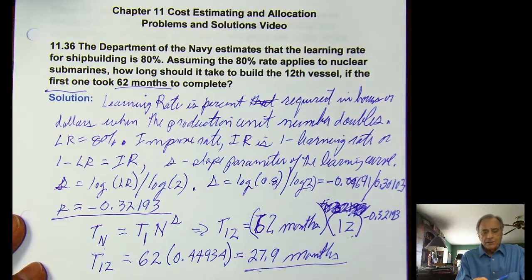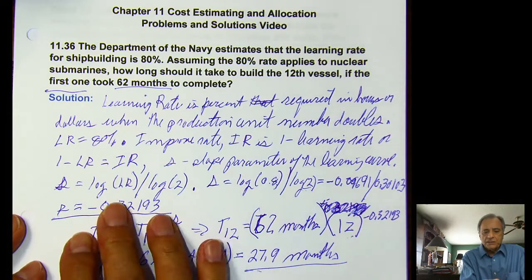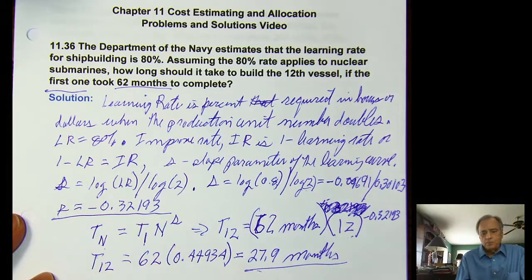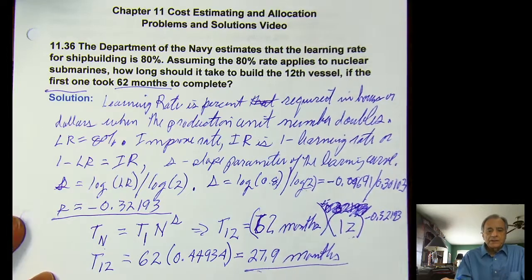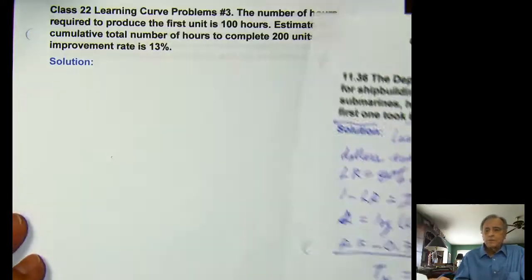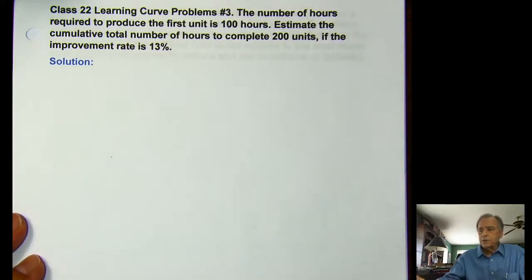So it's pretty straightforward. We just have to find S and then execute this formula here, and we get the value. The next one is a bit more complicated, and so we'll go to that in a minute.